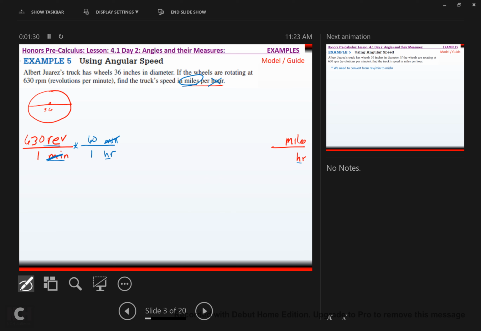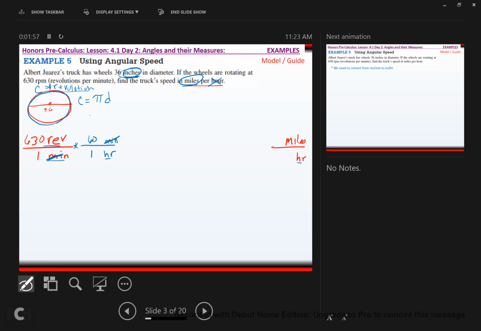Well, I don't know how many miles are in a revolution. What's a revolution? A revolution of a tire is 1 time around. That's the same as its circumference. So the circumference of the circle is the same thing as 1 revolution. If I find the circumference, which is pi times diameter, then I will find what 1 revolution is worth in inches. And that won't be in miles, it'll be in inches.